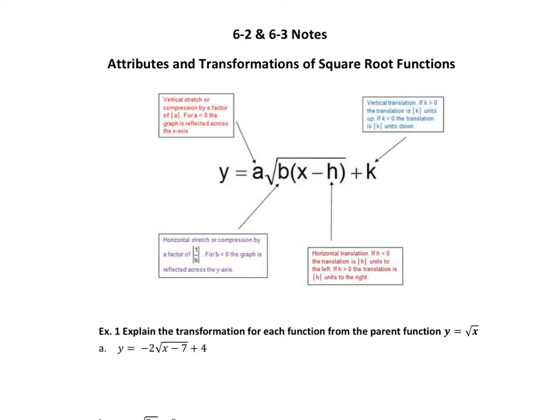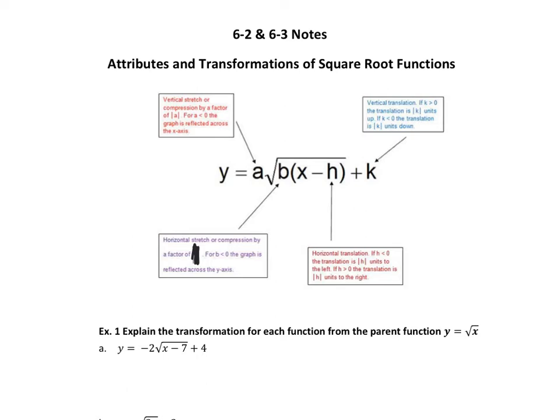The B value is going to be a horizontal stretch or compress by a factor of B.